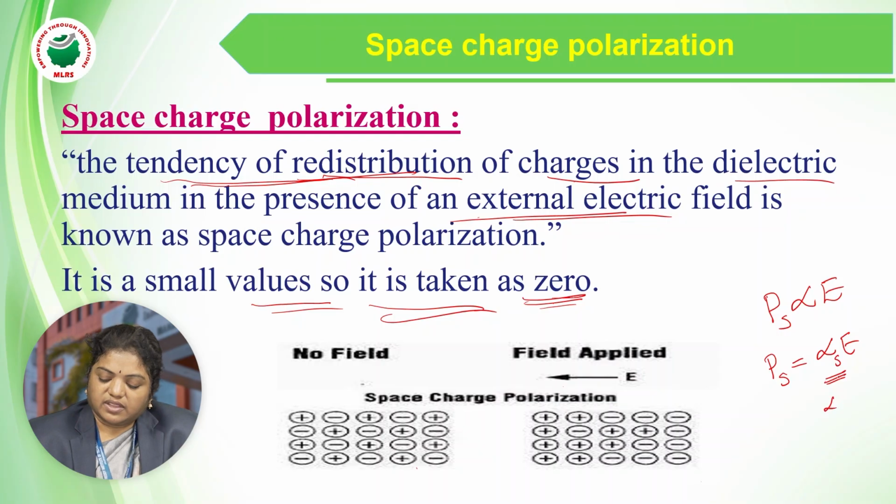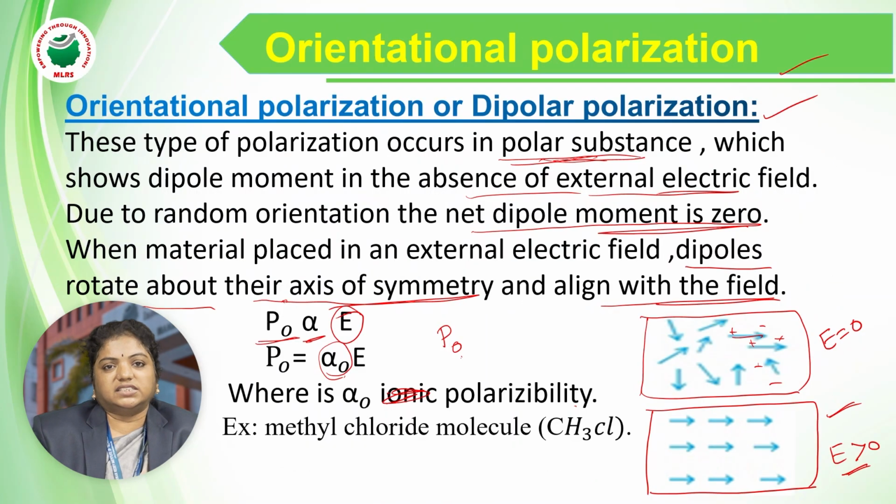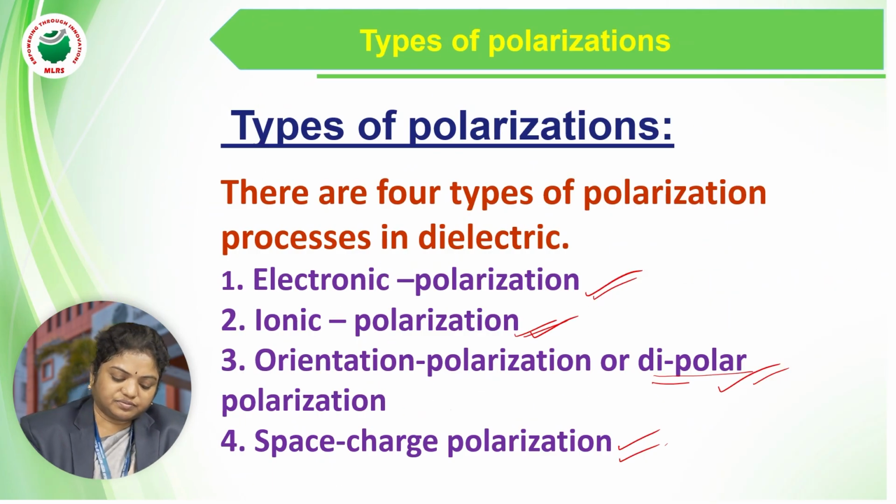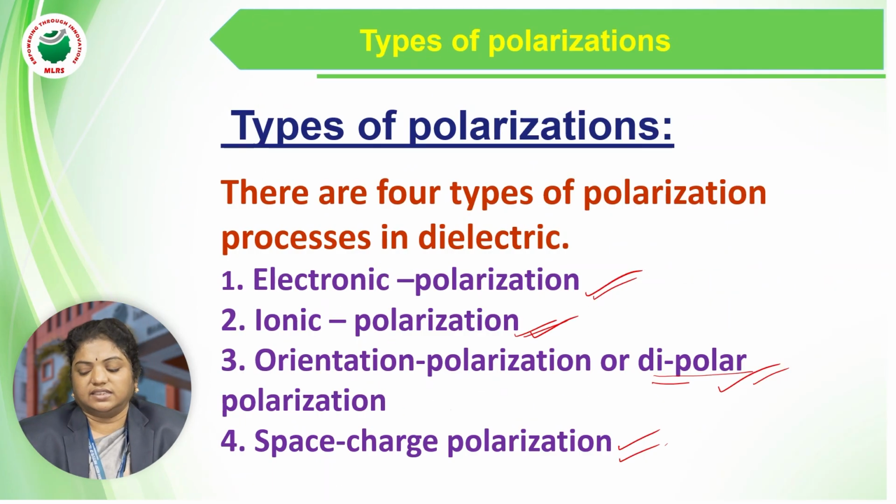That's why this polarization is not considered. So the main polarizations are electronic polarization, ionic polarization and orientational polarization. These are all the types of polarization.